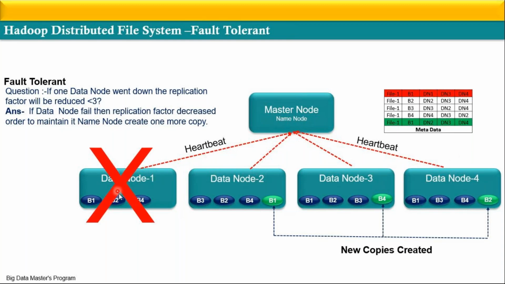But if a particular node is down, and the master node is not able to get the heartbeat message consecutively for 10 cycles, that is for 30 seconds, then it is assumed that this particular machine is not inside the cluster. At that moment, replica formation will come into the picture, and the master node is going to create the replicas on the remaining machines in order to maintain the replication factor.